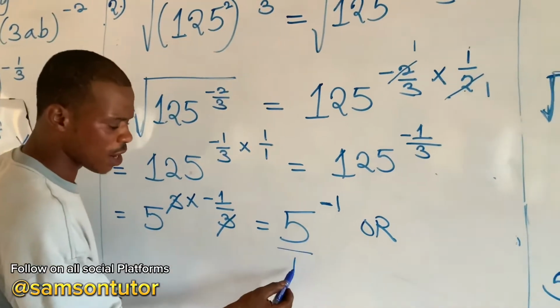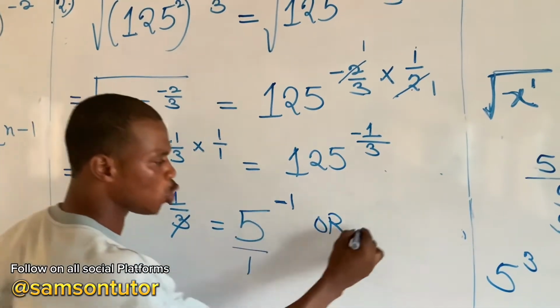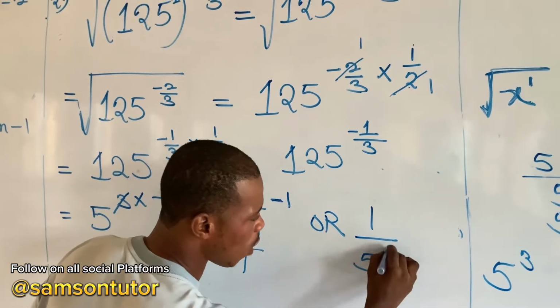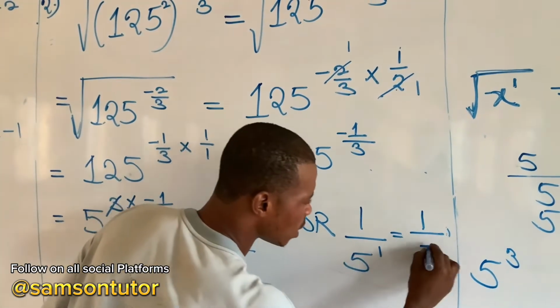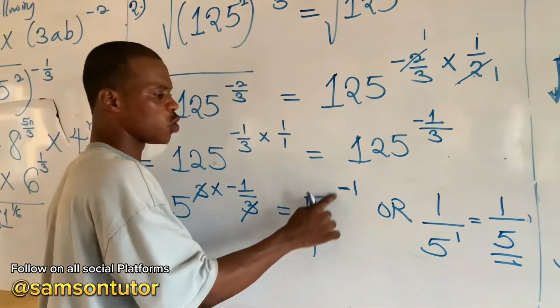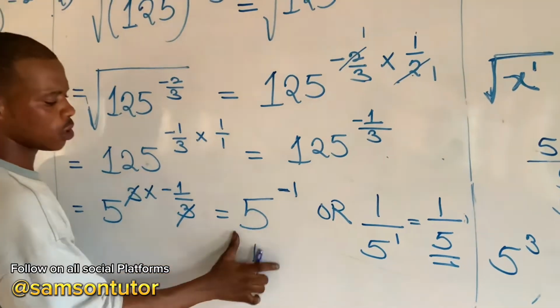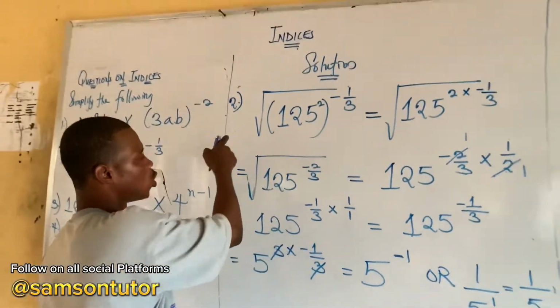So 5 divided by 1 is still the same thing as 5. So when you eliminate this minus, 1 should come up and 5 raised to power 1 should come down, which equals 1 all over 5 raised to power 1, which is still the same thing as 5. So you can write the answer as 1 over 5 or 5 raised to power minus 1. You get it now? So that's the answer for question number 2.